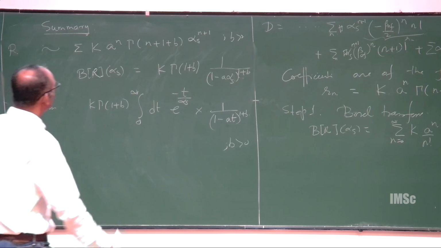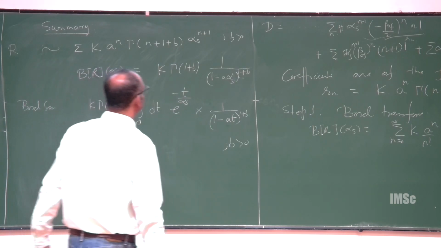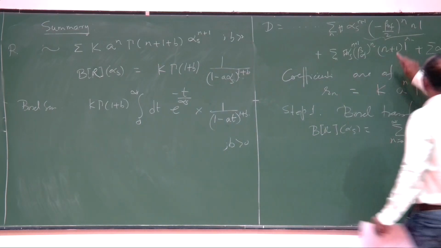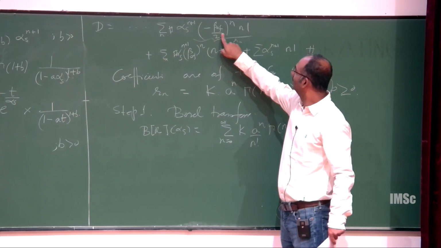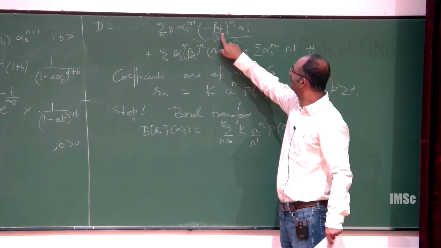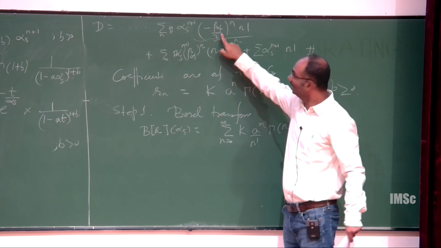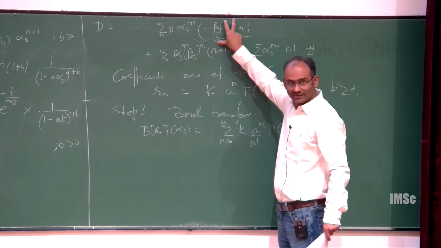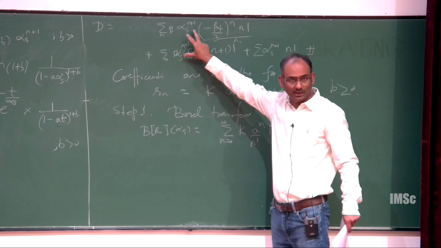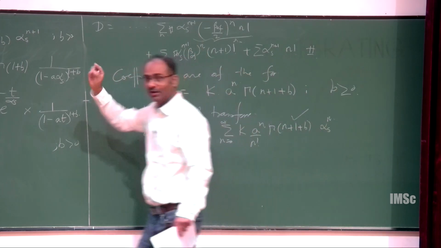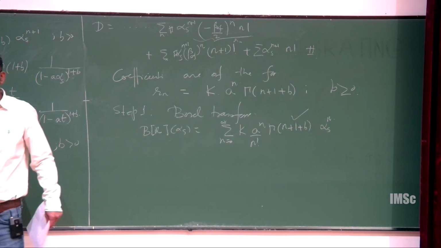So let us see. Here A is minus beta naught f over 2, and beta naught f is positive. So this is negative, and these terms which are IR renormalons are sitting on the negative axis, so there is no problem.